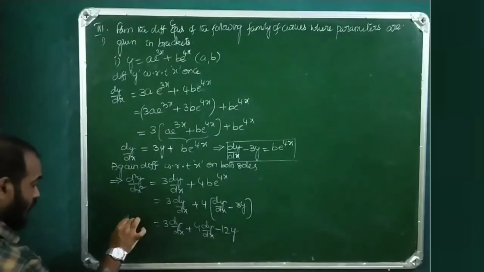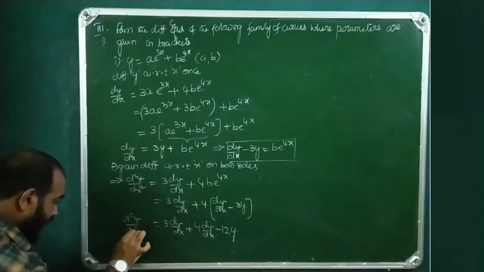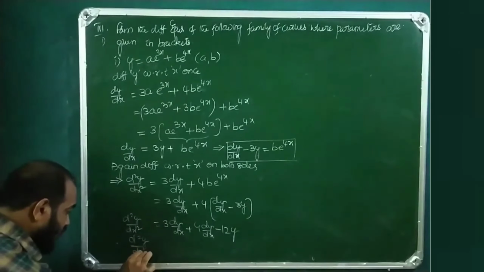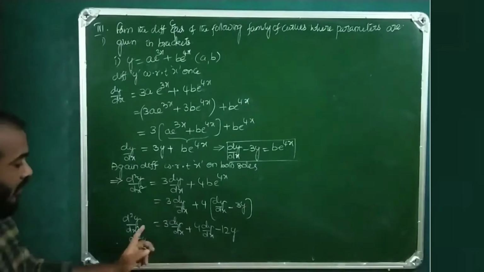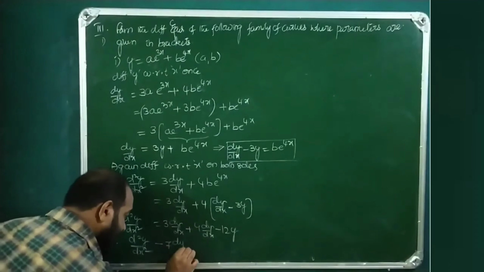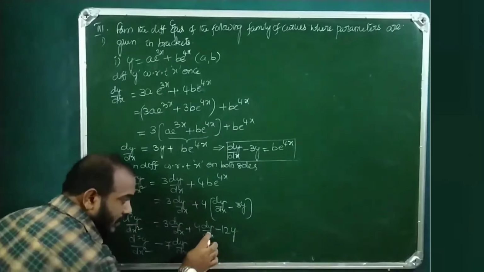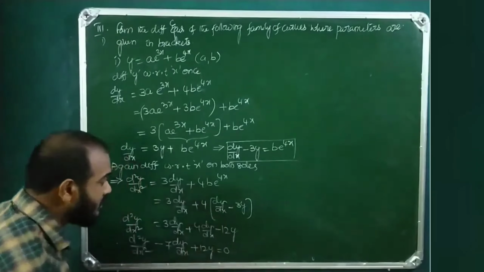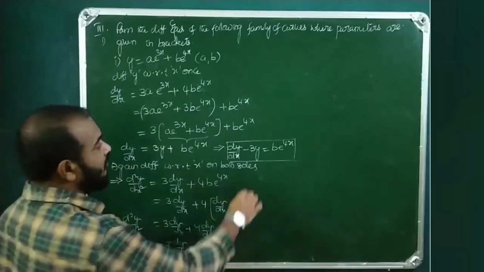Therefore, the required differential equation is d²y/dx² equals 3 plus 4, 7 dy/dx. If you transpose, minus 7 dy/dx minus 12y, transposing here, plus 12y equals 0. This is the required differential equation.